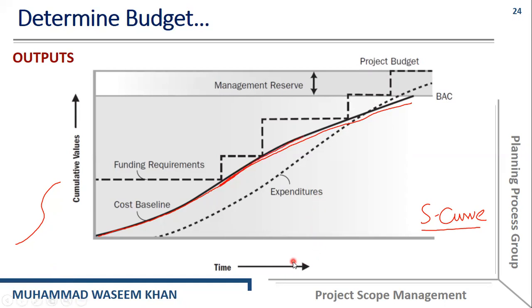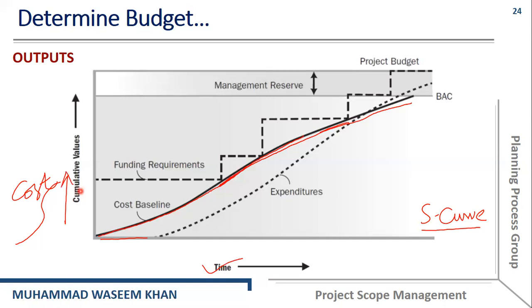On the x-axis of this curve, we have the time, in days or weeks or months, and on the y-axis we have the cumulative values. The cumulative values mean the costs or the budget of a project.